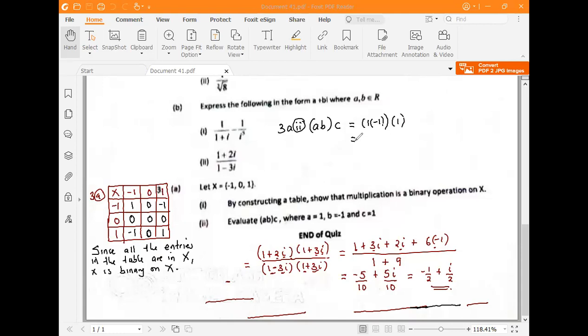What is 1 times negative 1 times 1? Negative 1. Not bad. End of quiz.